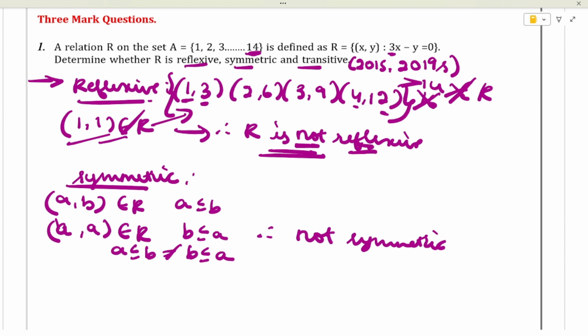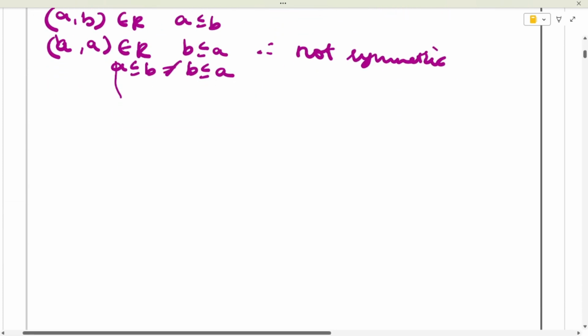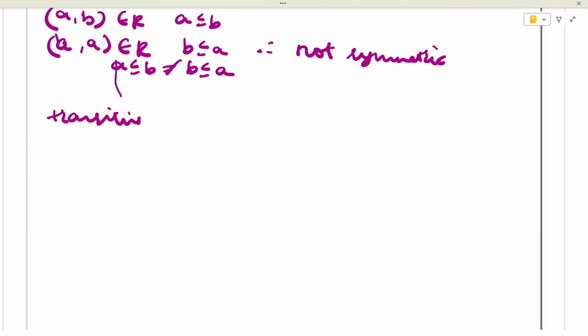Now for transitive, you can consider 1, 3, 3, 9.